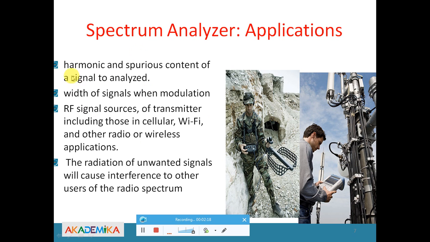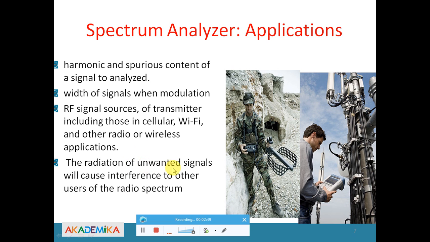Apart from this, the harmonics and spurious content of the signal can be analyzed. Second, the bandwidth of the signal changes when you modulate it, so it is also possible to calculate the Q factor of the signal using the spectrum analyzer. RF signal sources in transmitters, including cellular, Wi-Fi and other radio and wireless applications, can be analyzed along with their properties using the spectrum analyzer.